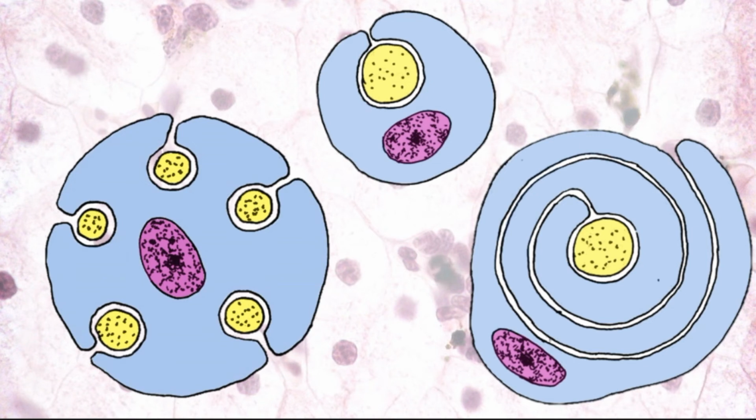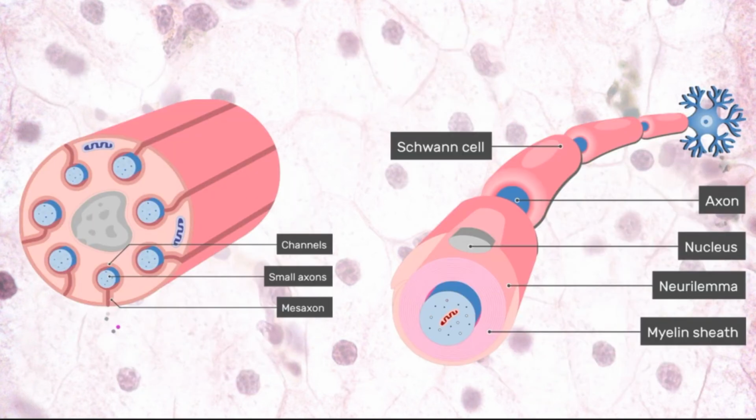Which nerve systems or nerve organs have those fibers? Usually almost all fibers are myelinated, but the autonomic nervous system has unmyelinated nerve fibers, and they provide slow conduction of nerve impulses.